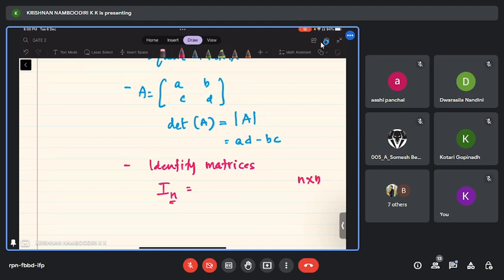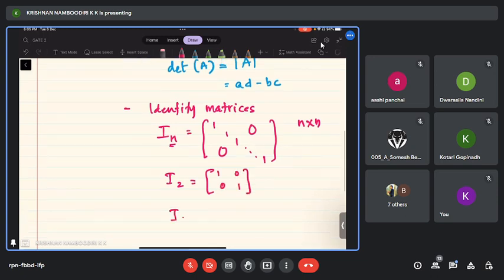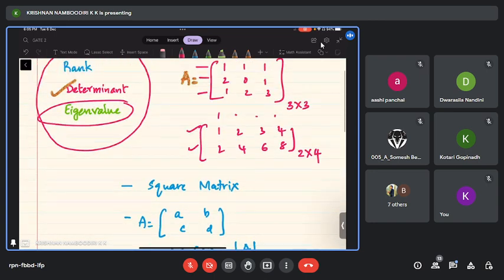In the matrix, the diagonal entries will be ones and all the other entries will be zeros. For example, I2, that means the identity matrix of size 2 cross 2, is 1, 0, 0, 1. And I3 is 1, 0, 0, 0, 1, 0, 0, 0, 1. These are very well-known facts to everyone, I hope.